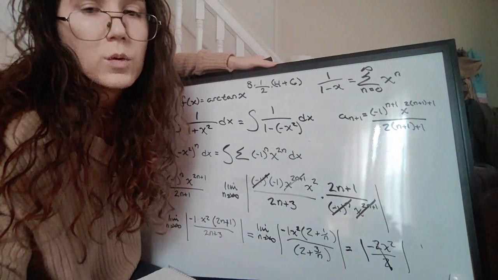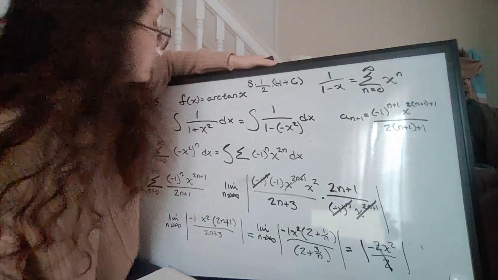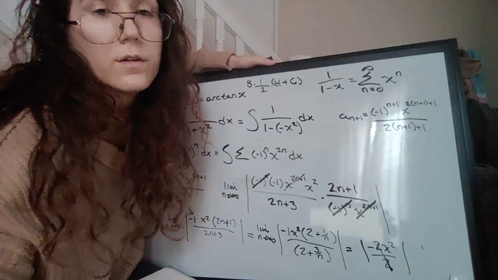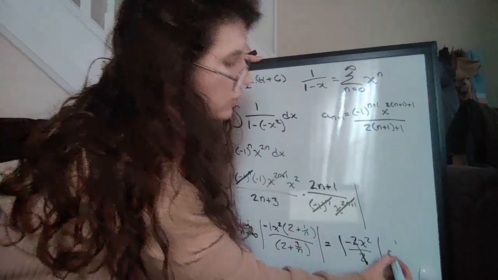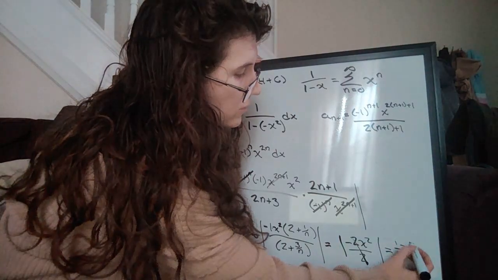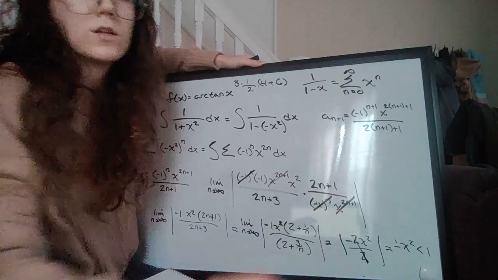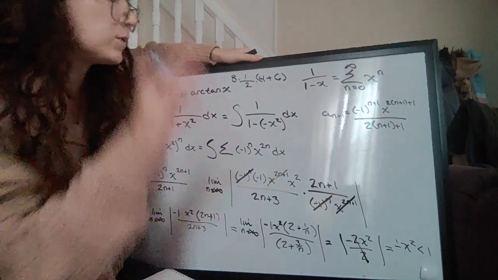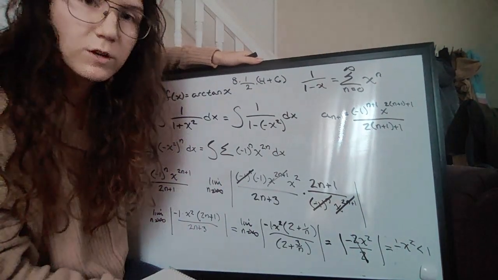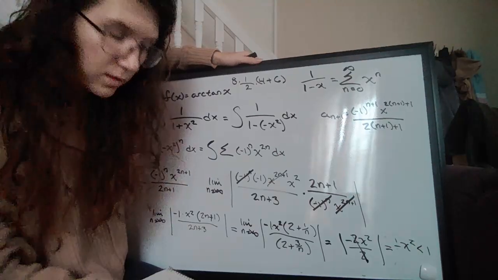What is our question? What is she asking? This is number 45. What is the radius of convergence? Since I just have negative x squared, and that needs to be less than 1, and I don't have this multiplied or divided by any specific number, my radius of convergence would just be 1 in this example.